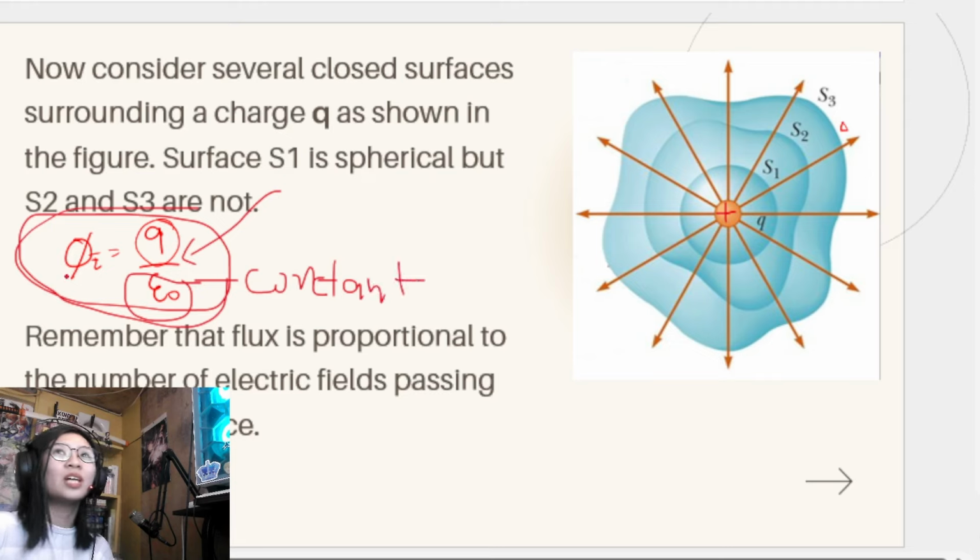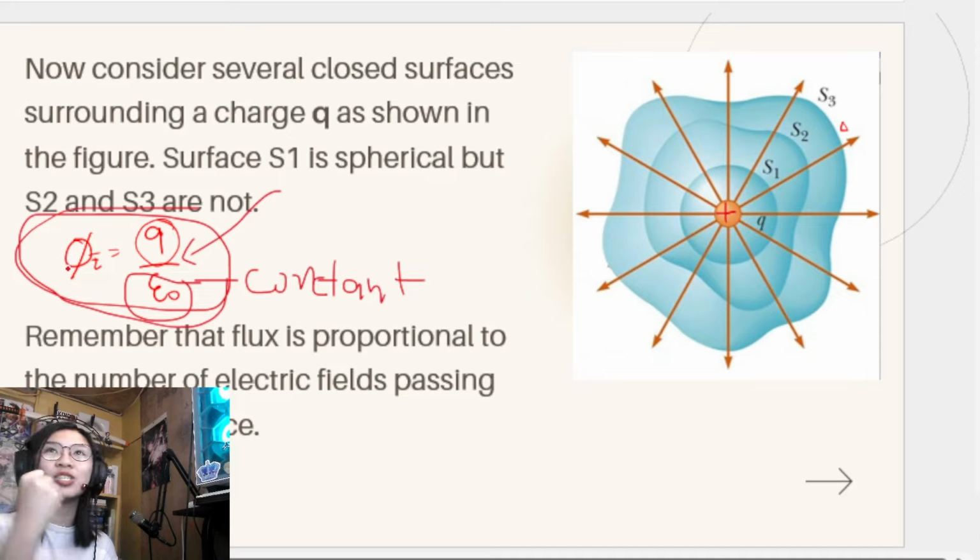So, your electric flux will only depend on your charge. Whether naa kay flux or wala, positive or negative ang imong flux, it will solely depend on your charge. Not on the surface area, not on the shape of the surface, not how big the surface is. So it is about the presence of a charge.